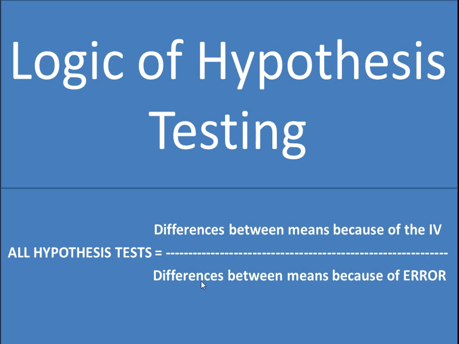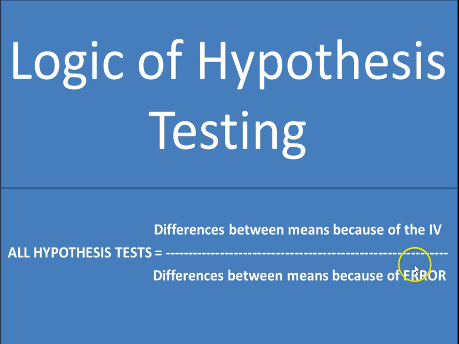So, as you have hopefully read in the text lecture, remember that all hypothesis tests can be expressed as a fraction, wherein the numerator is going to calculate the differences between means that we believe are because of the independent variable, and the denominator of all hypothesis tests is always going to be referred to as error.